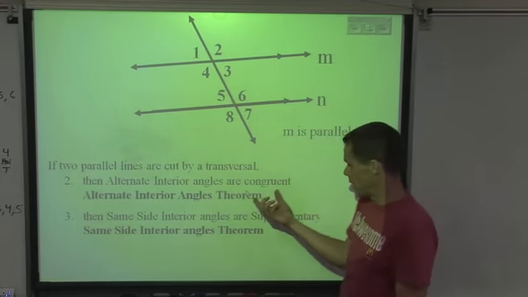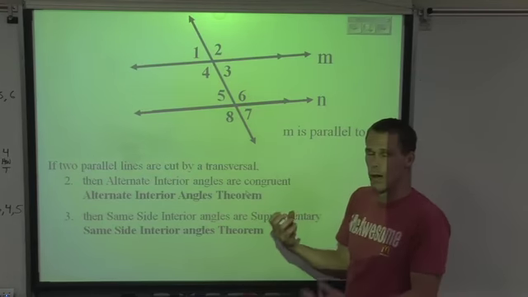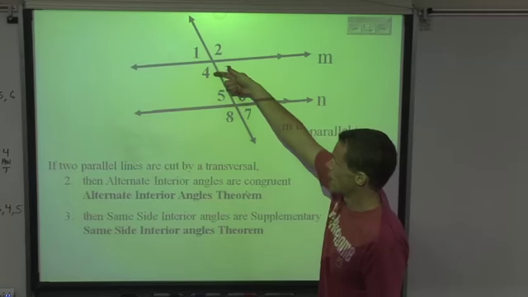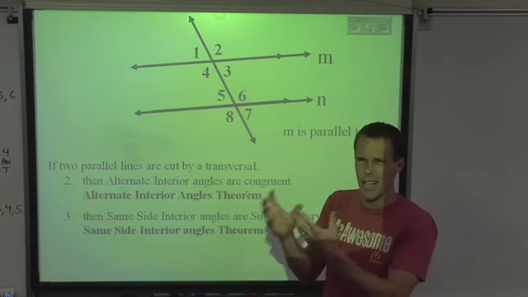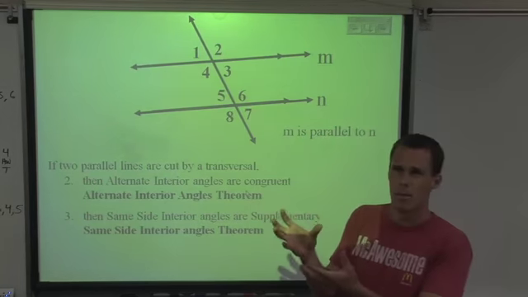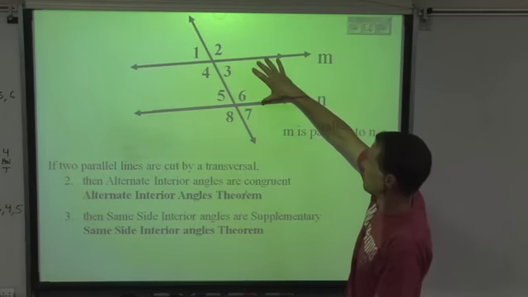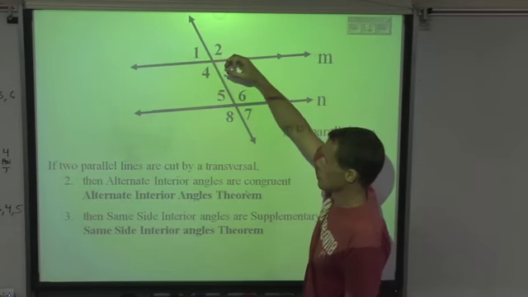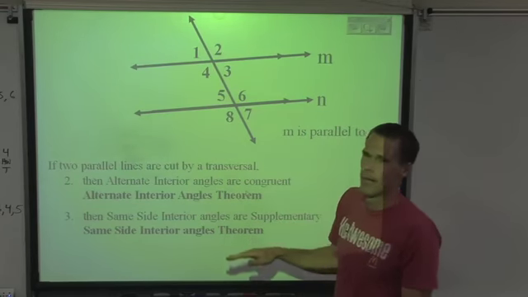And adding up to 180 degrees is defined as two angles that are supplementary. So angle 4 and 5 add up to 180 degrees, and we make the conclusion that means they are supplementary. So anytime we have parallel lines, same side interior angles must be supplementary.